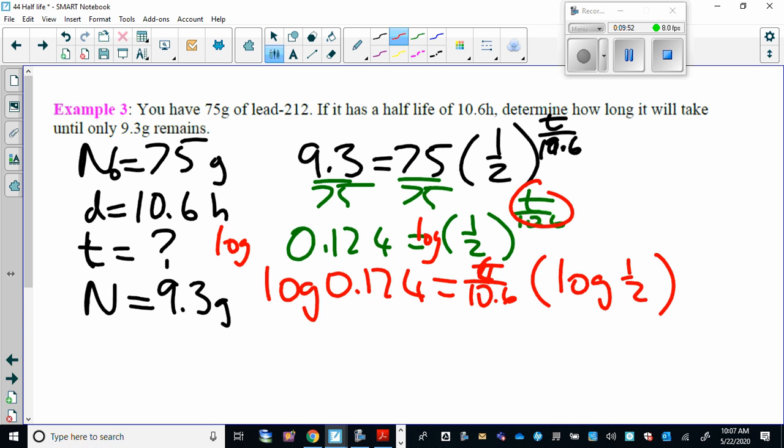It's just log 0.124 divided by log 0.5 equals t over 10.6, times 10.6, and I get the answer 31.9 hours. Okay, so if you've taken math, you can solve it that way.